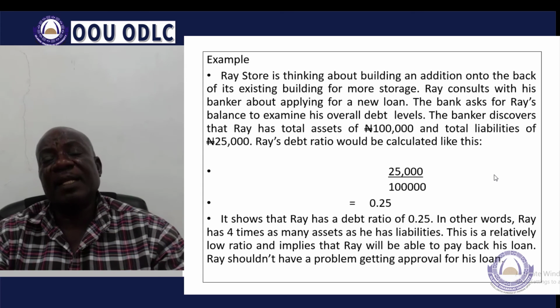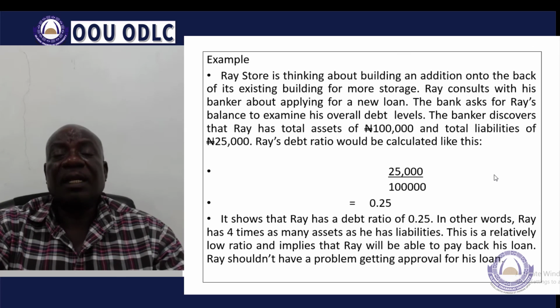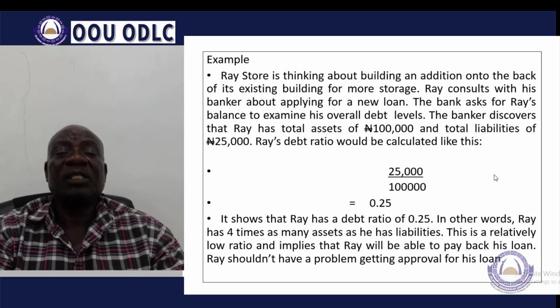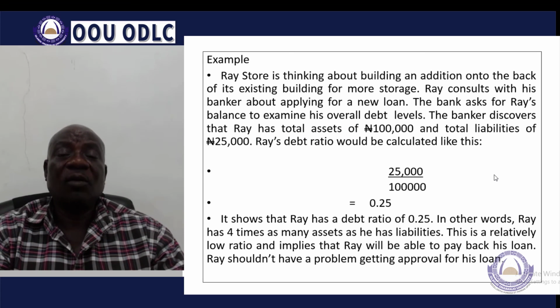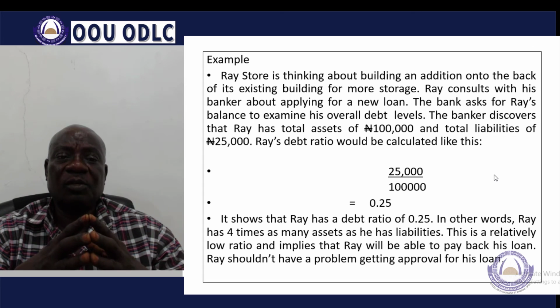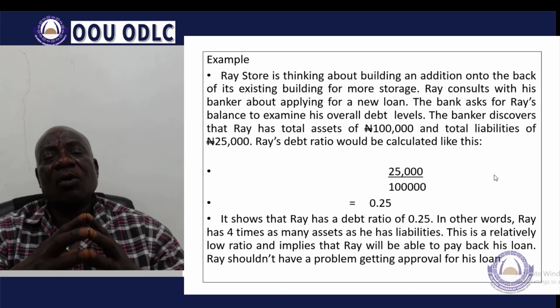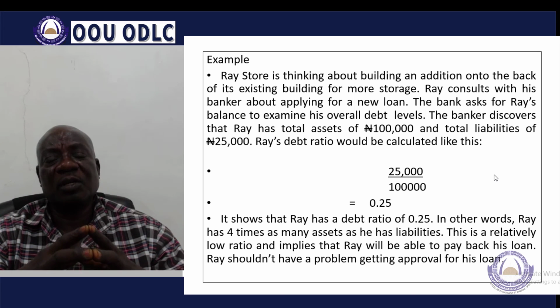Many providers of funds prefer a company which has more assets than liabilities in order to determine whether to lend or not. So this aspect of financial ratio calculation is what companies normally use to show outsiders the financial position of a company.